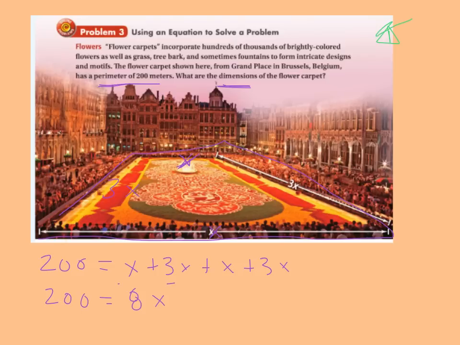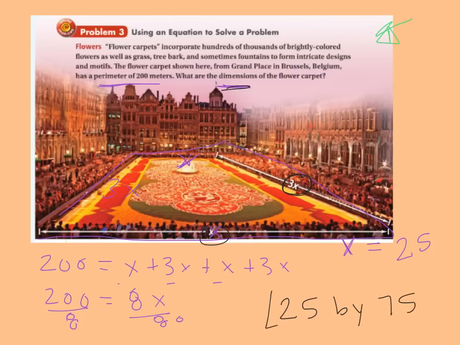Divide both sides by 8, and I would get that x is going to be equal to 25. However, that's not my question here. My question says, what are the dimensions? So my dimension would be x, so it would be 25 by, this is 3x, so I have to do 3 times 25, which is 75. That would be my final.